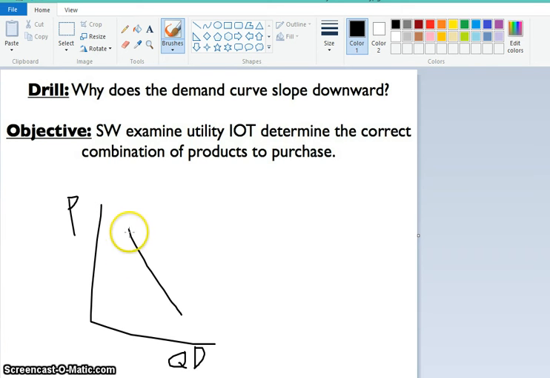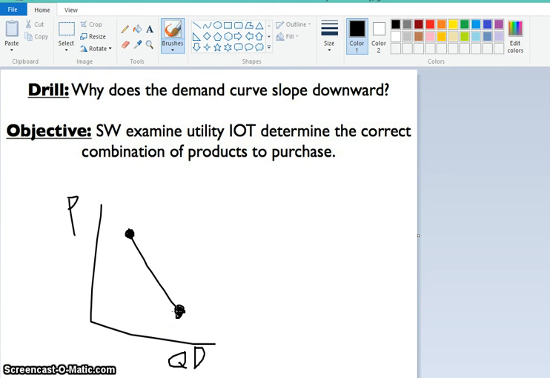The first slice of pizza that you eat, if you're hungry, man, the price that you would pay would be pretty high, right? But the 10th slice of pizza, I doubt many people would pay the same price for the 10th slice that they would for the first one. So you notice the price is lower. Well, the marginal utility is lower as well.